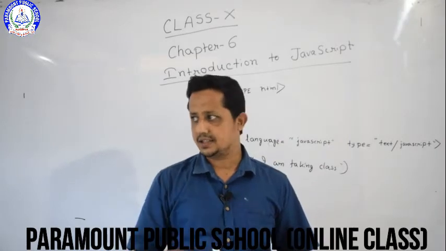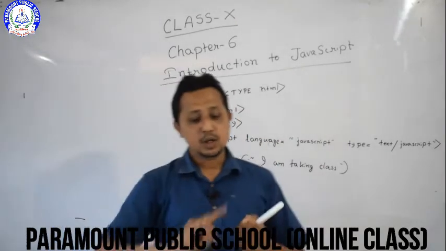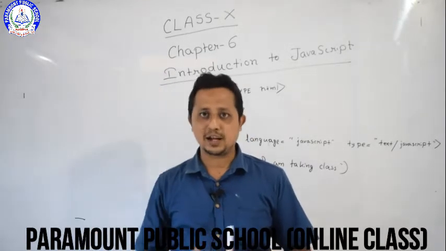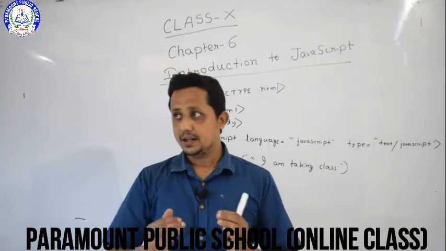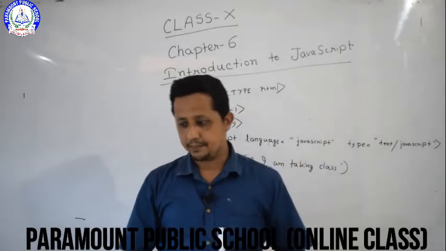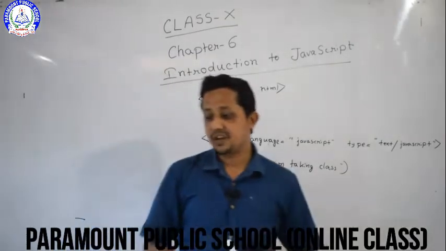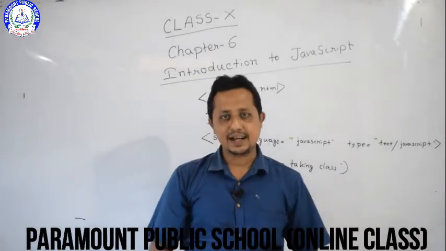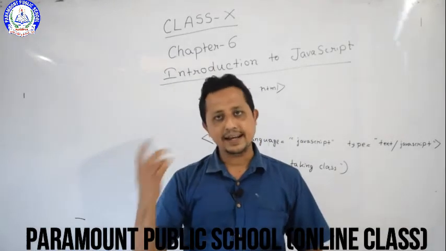I will show you an example. A variable name should always start with a letter or underscore, and it should not start with a digit. After the first character you can have letters, digits or other symbols.